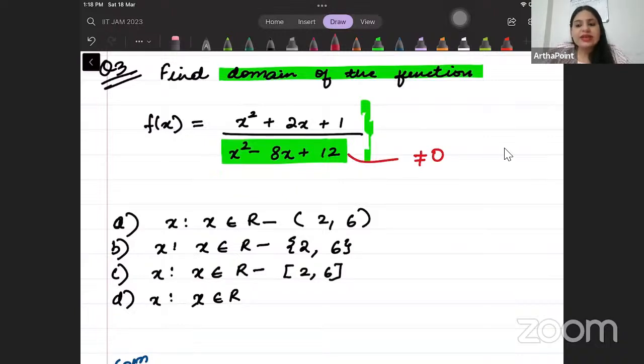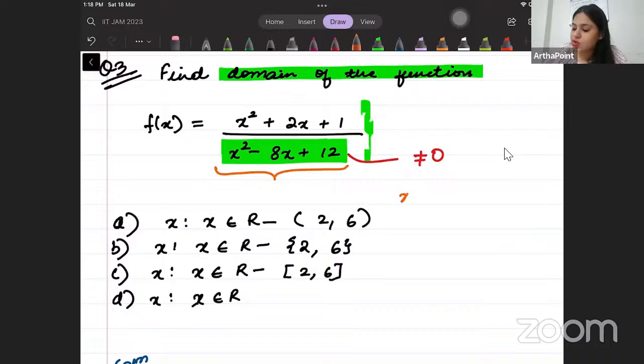So all I have to do is factorize this. I can just use the completing the square method. I want to check what are those x's at which this denominator is 0. Just go ahead and do that.